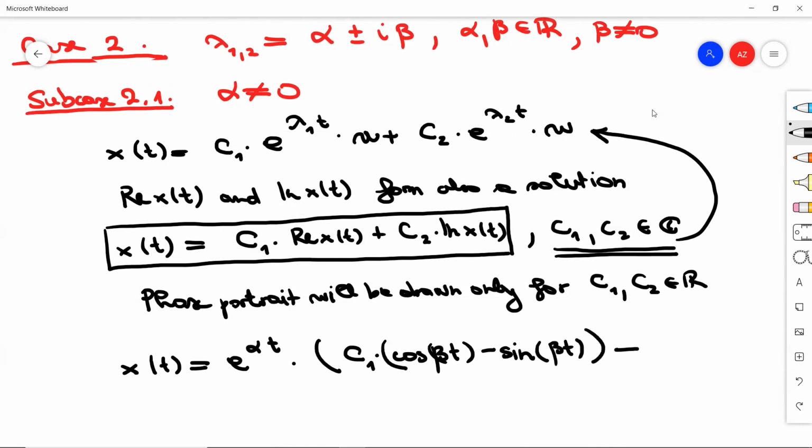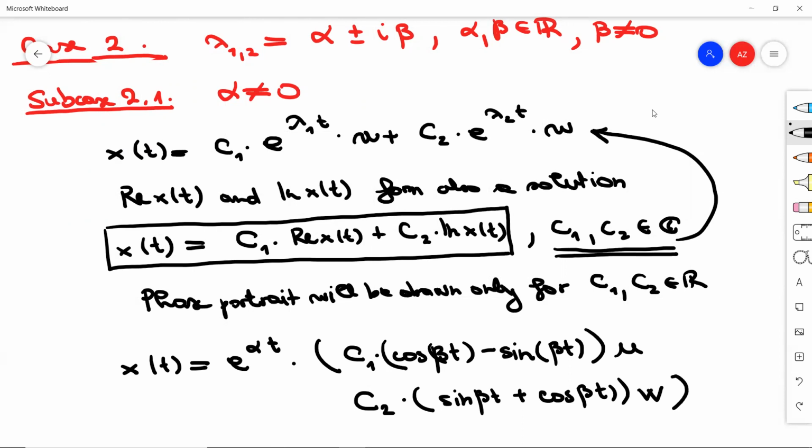This is what we did last time, so I'm just rewriting the result, and then plus C2 times sine beta t plus cosine beta t. And of course, a vector is missing, so here we have vector u, and here we have vector w.